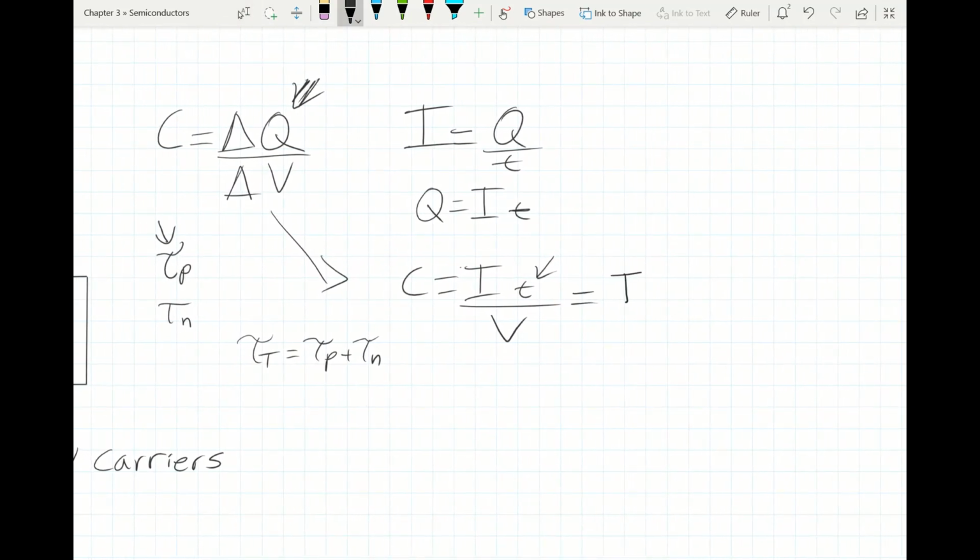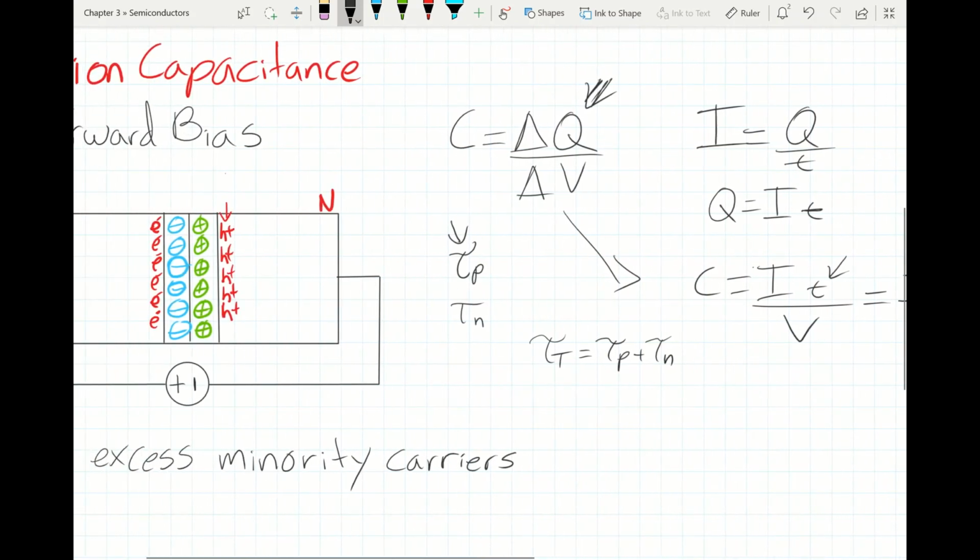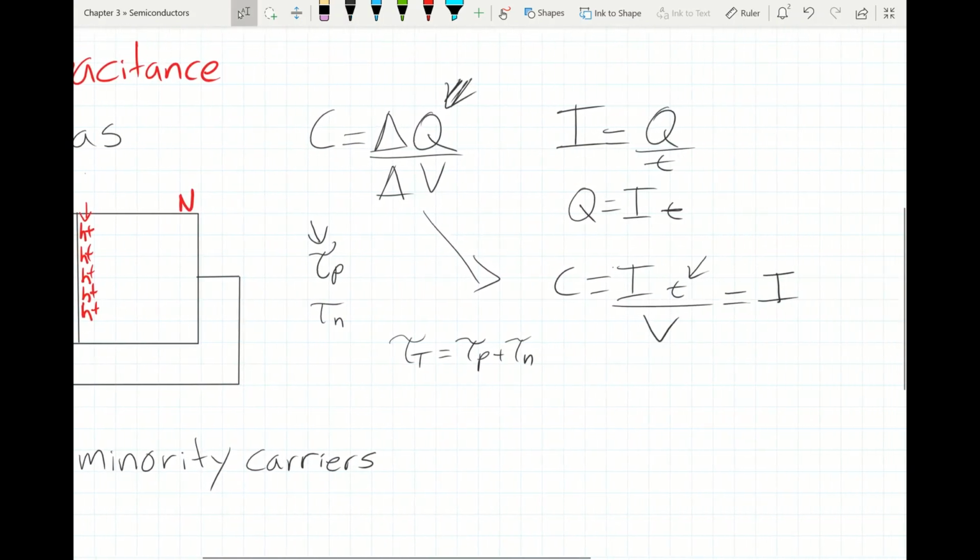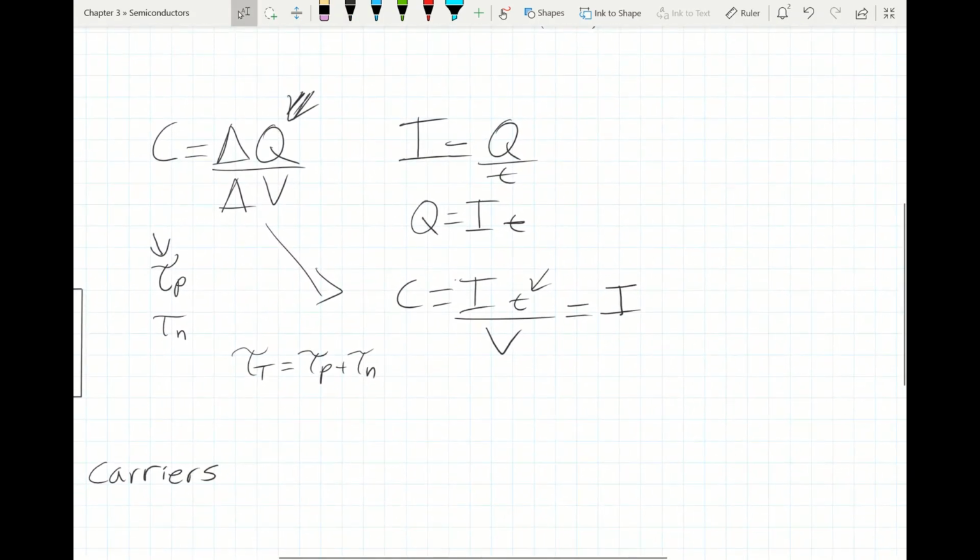We have a current. What is this current? Obviously, it's the current at forward bias, the forward bias current. That, if you remember, is basically the diffusion due to majority carriers. So we have this current, we have the time the minority carriers take to recombine, that's dt. And what is the voltage that generates minority carriers?